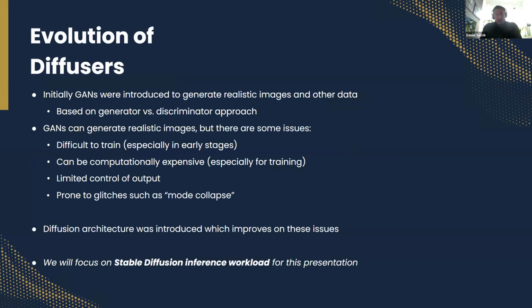The GANs are essentially based on a generator versus discriminator approach. So essentially, you have something like a battle between the two networks. The way you train them, the generator tries to generate images that are obviously fake, since they're generated by the generator, but it's trying to fool the discriminator into thinking that it's a real image.